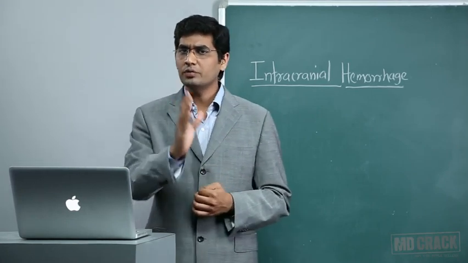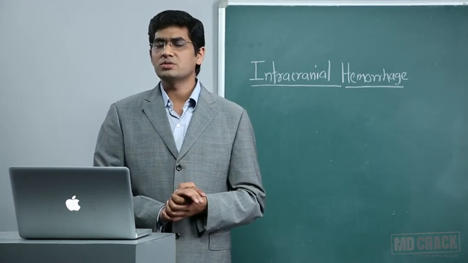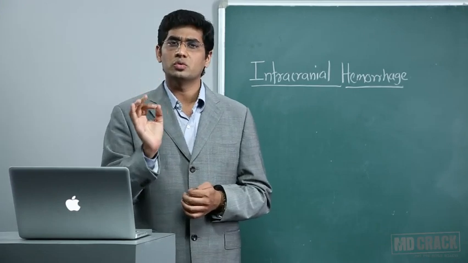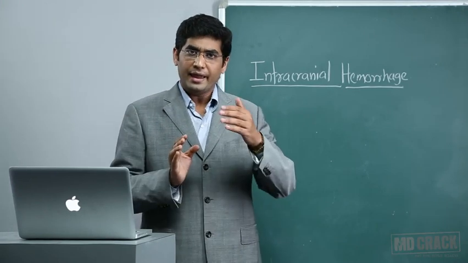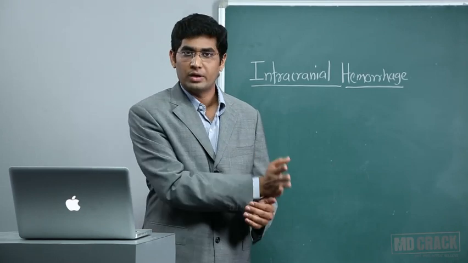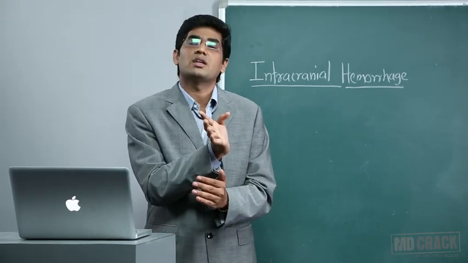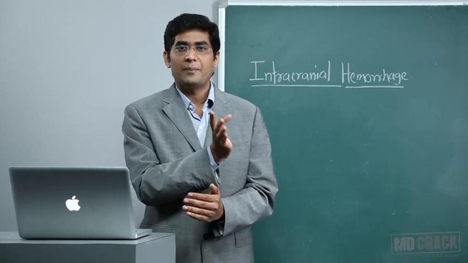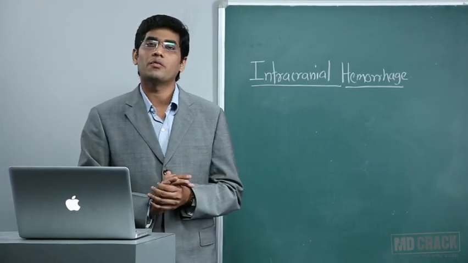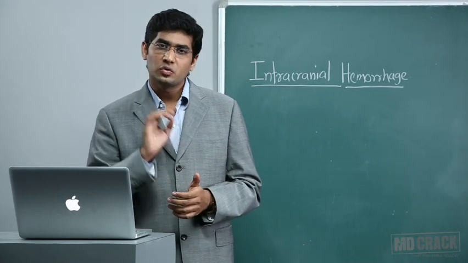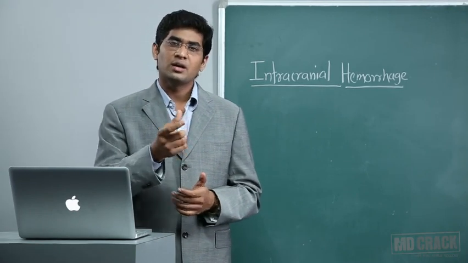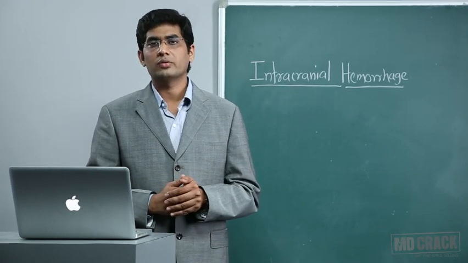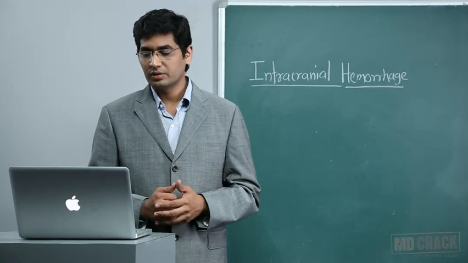The beautiful bedside test for diagnosing subarachnoid hemorrhage, when your clinical suspicion is very high, is lumbar puncture, in a setup where CT scan is not available. But if CT scan is available, better go for CT scan or imaging. When there is no CT scan, just do an LP, and if you find blood in the CSF, your diagnosis of subarachnoid hemorrhage will be confirmed.